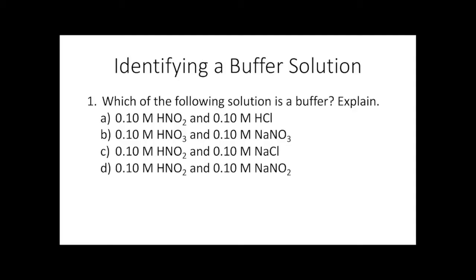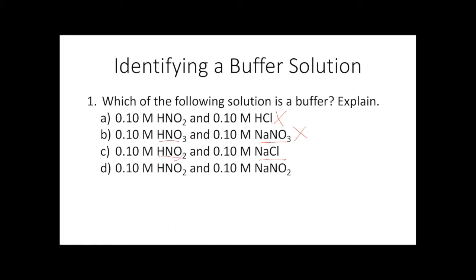All right, so this first one, we have two acids, not a buffer. You need an acid and its conjugate base. B, all right, we have an acid and a base, so that's good. The problem is that nitric acid is strong. And so it's not going to work because we need a weak acid and its conjugate base, not a buffer. Okay, now we have HNO2 and NaCl.